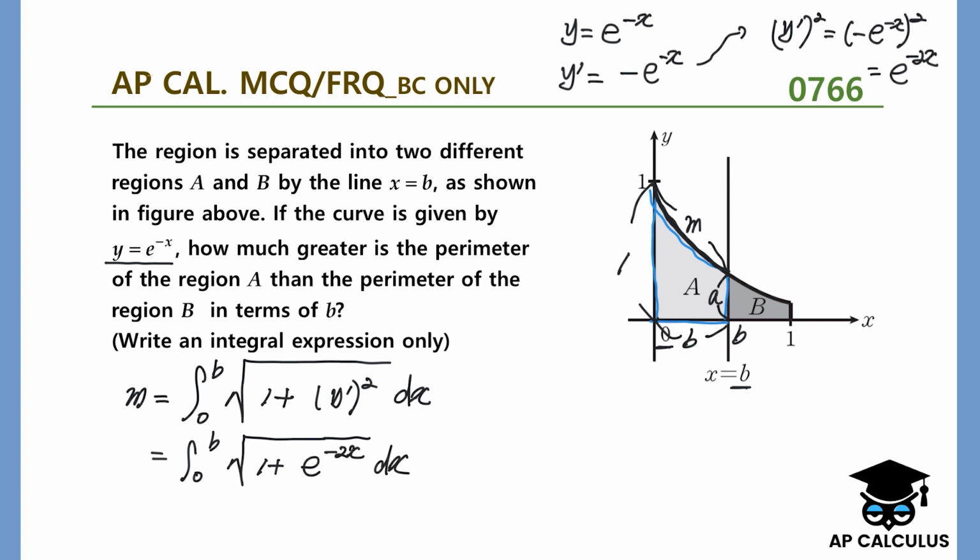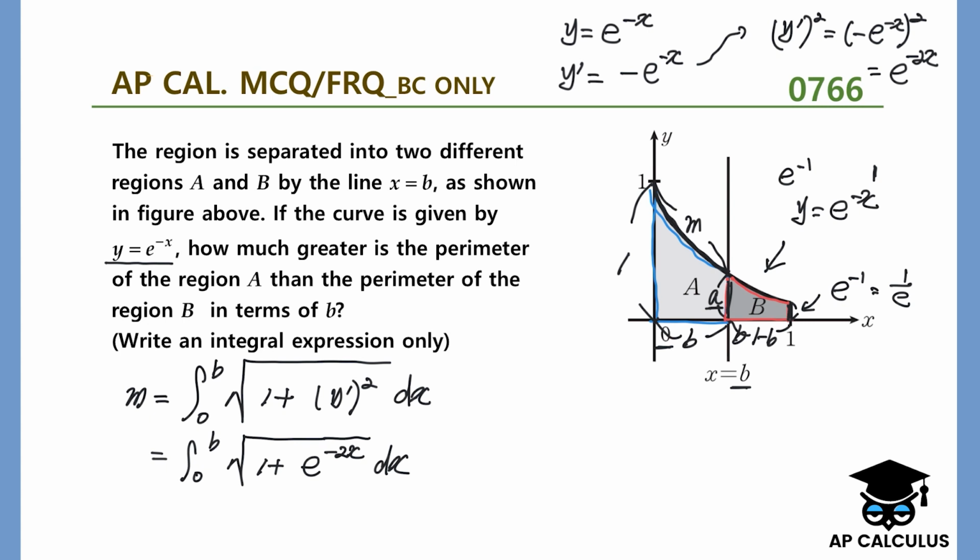Okay, let's find the perimeter of region B. Here it's just 1 minus b. Here, we say it's a. This one right here, since the function is y equals e to the negative x, when x equals 1, y equals e to the negative 1. So the length from here to here is e to the negative 1, or we can write 1 over e.